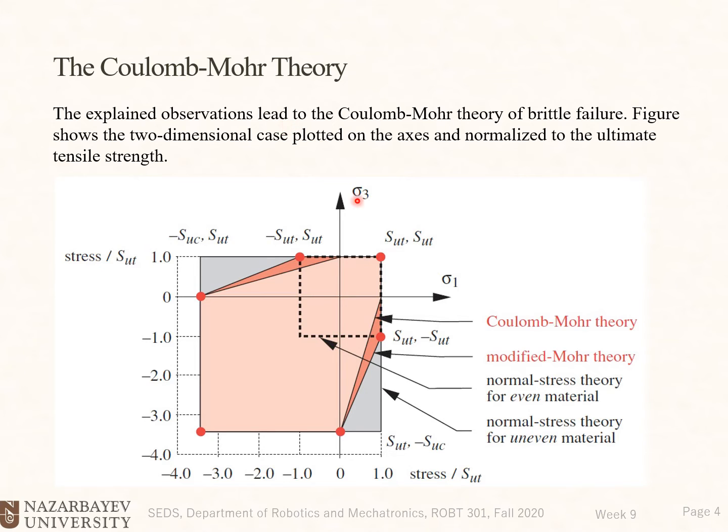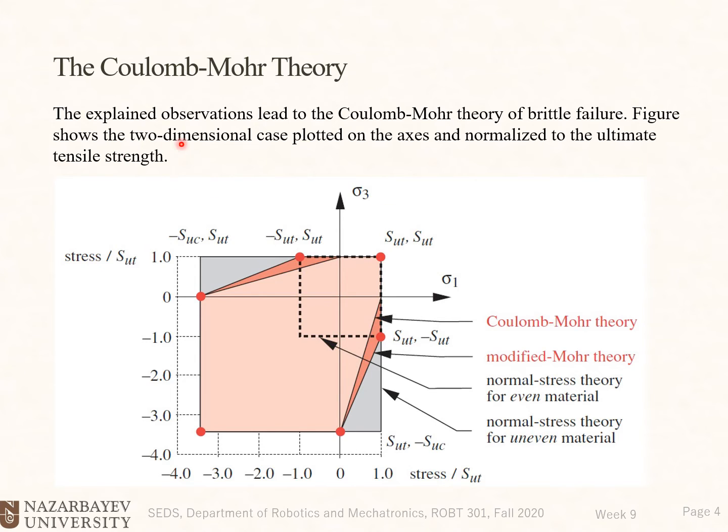And we said that normal stresses are the main reason of failure in tensile loads, and in compressive loads, both normal and shear stresses are the reason of failure. So those observations lead to the Coulomb-Mohr theory.